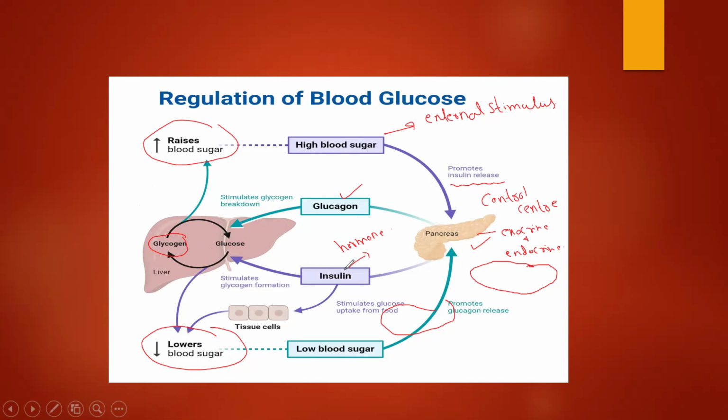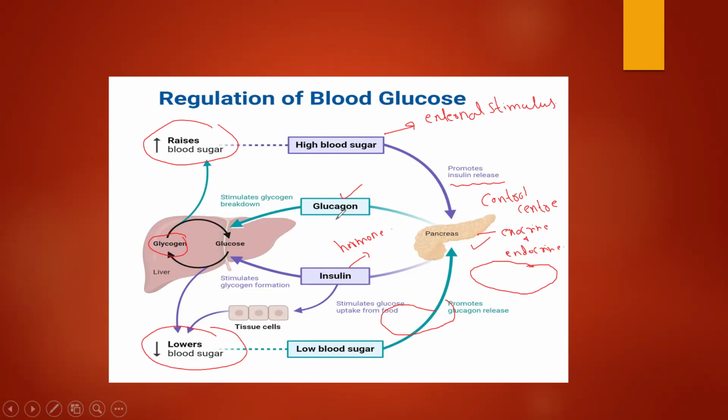First, insulin is released when there is more sugar in the meal in our body, and when there is a lack of glucose in our body, our tissue cells require energy again. So when the sugar level becomes low, the pancreas releases glucagon.